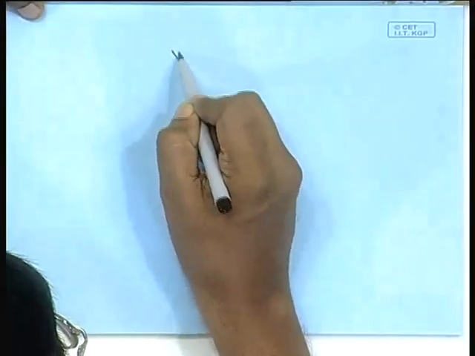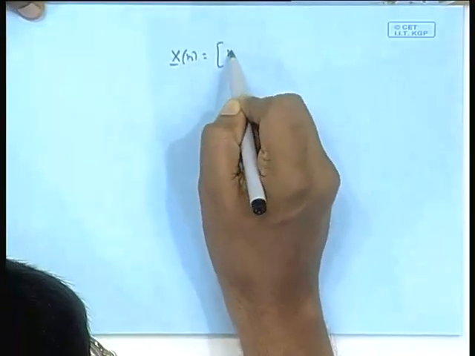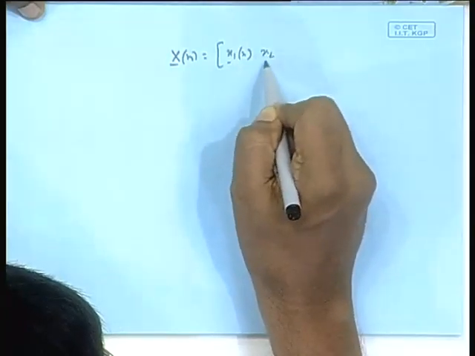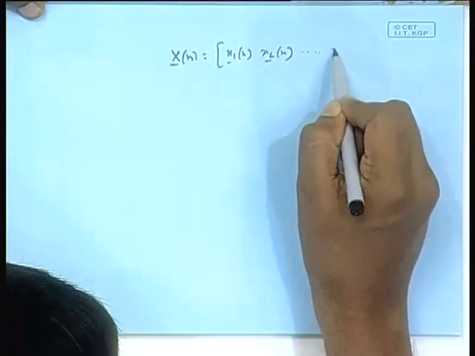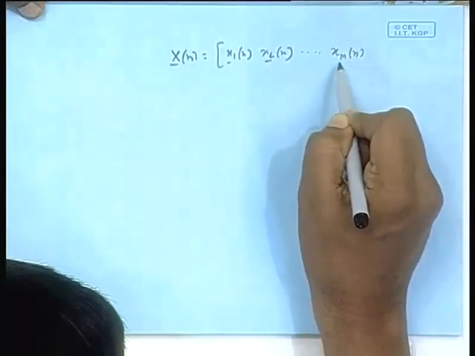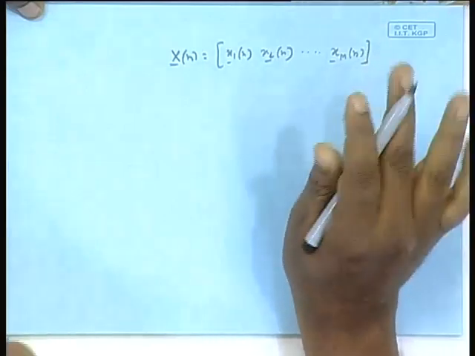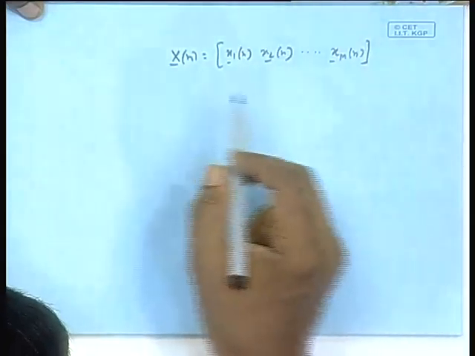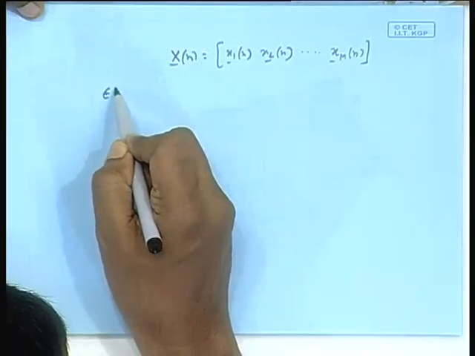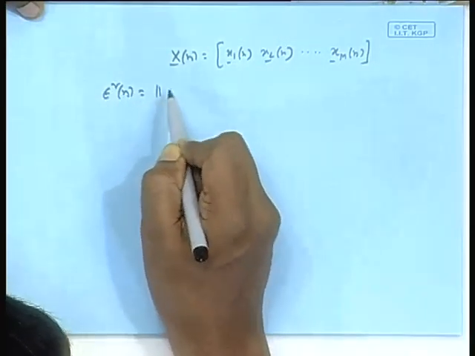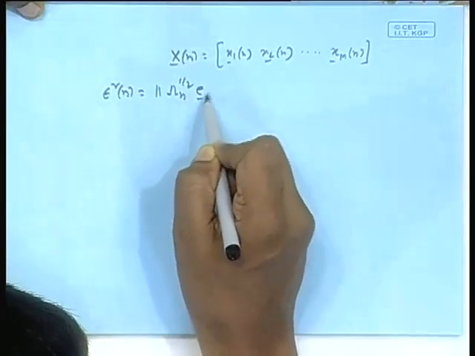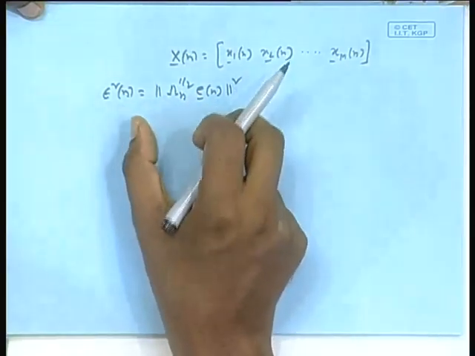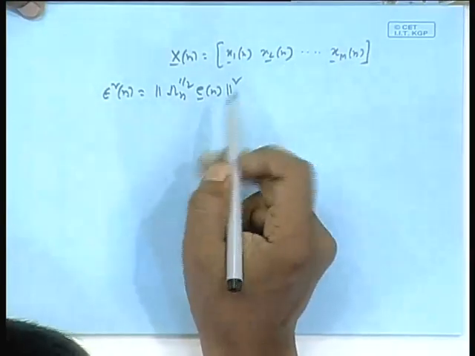Well, let us just go back to what we are doing, that is we had x n with m columns, and we were minimizing this quantity epsilon square n as the norm square of this, you know very well. This is the usual norm, Euclidean norm, the sum of squares.